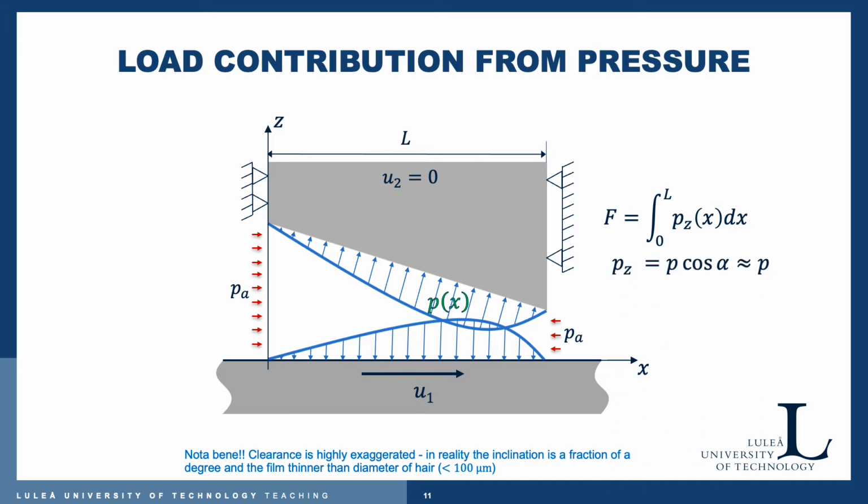But Pz is P cos alpha, and alpha is tiny, so it is more or less P. Therefore, typically when we talk about load carrying capacity of a slider bearing, we state it as F equals the integral of the pressure over the length of the bearing. And where does the pressure come from? It is the solution to the Reynolds equation.